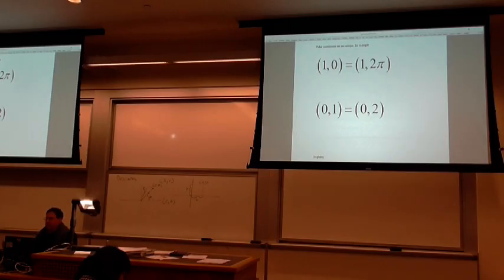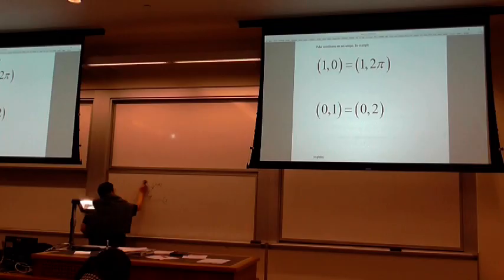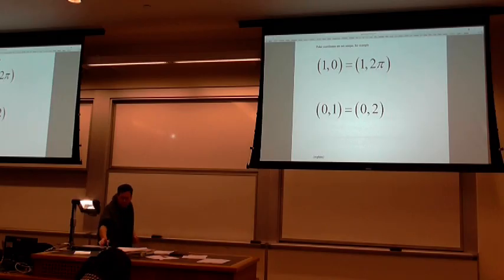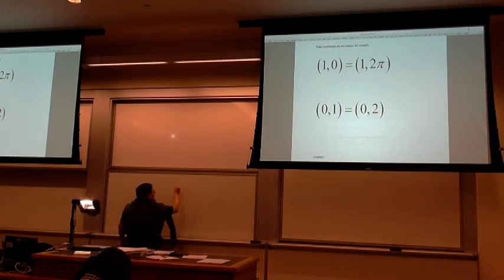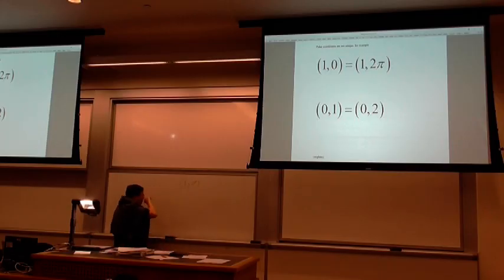Something you might want to keep in mind is that unlike Cartesian coordinates, polar coordinates are not unique. For example, here we have 2 points that are both radius 1, but the angle is 0 or 2 pi, it's the same point.